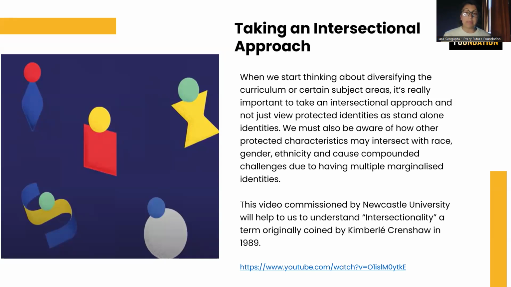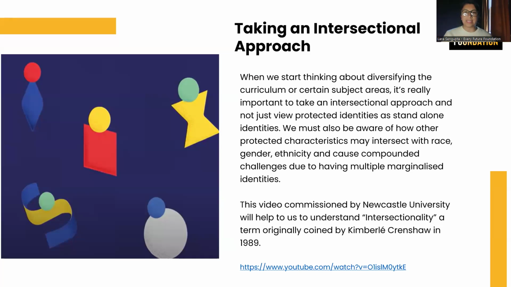So there's this video that was commissioned by Newcastle University, and it basically uses shapes and how different shapes of the different marginalized identities, and as they come together, it forms a brand new shape. Not every person with the same set of identities will experience the same level of marginalization. Our colleague Julie also uses the crossroads analogy.